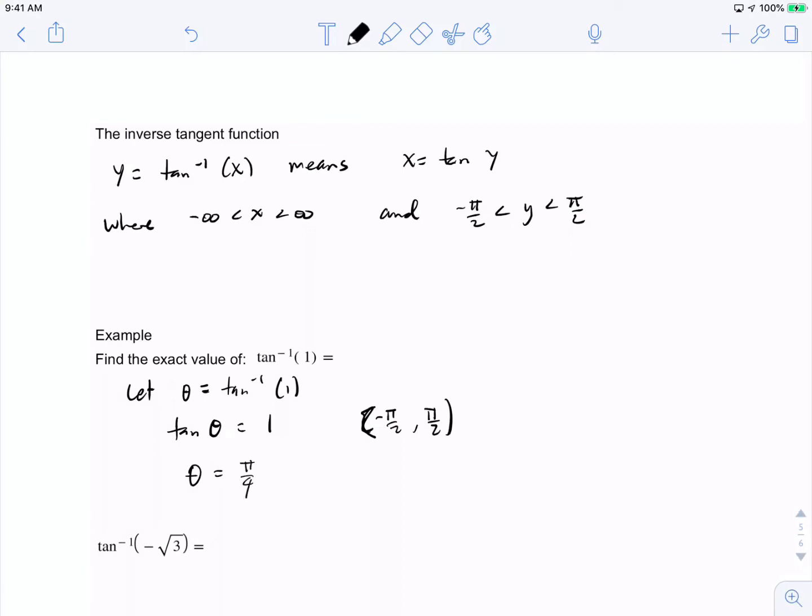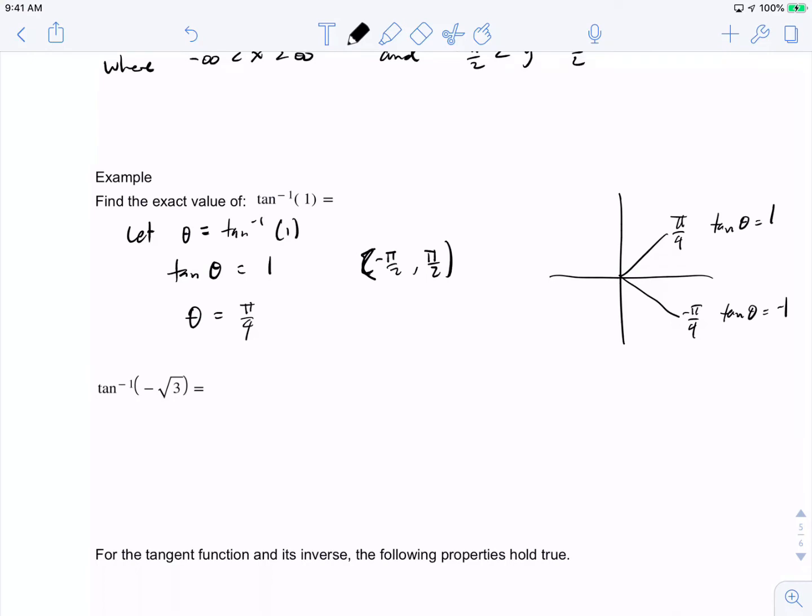Again, please have a reference of your unit circle. It will be very, very useful, something that you'll really want to have. At pi over 4, tan of that angle will be 1. At negative pi over 4, tan of that value would be -1.